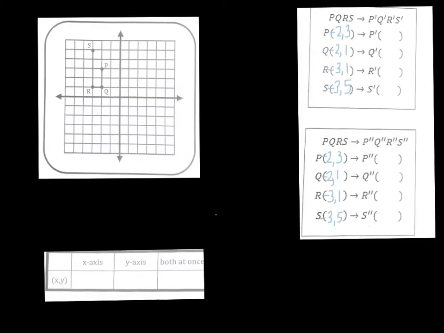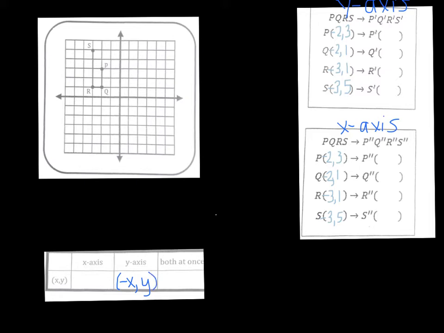All right, we're going to look at this figure here, this SRQP, and we're going to reflect it over both the y-axis and the x-axis and see what it's going to look like. Now, starting with the y-axis, if we remember that the rule is negative x and then y, negative x just meaning the opposite of x.